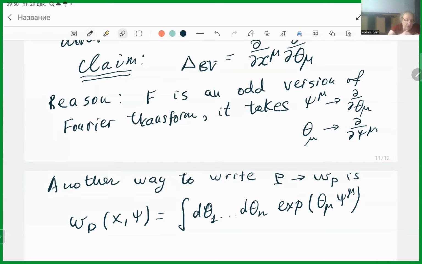Maybe it's better to write it down as a standard Fourier transformation.